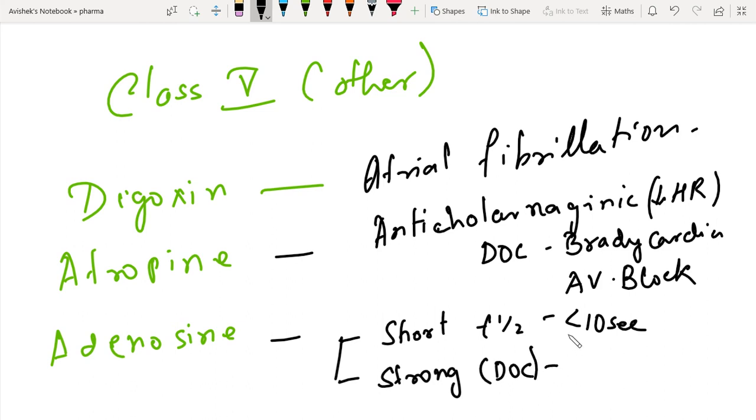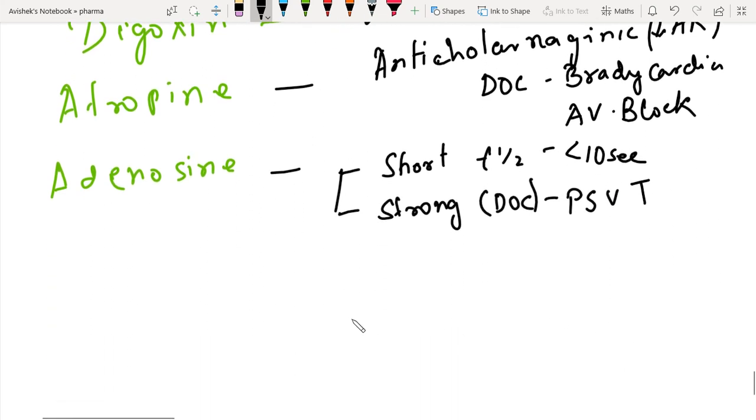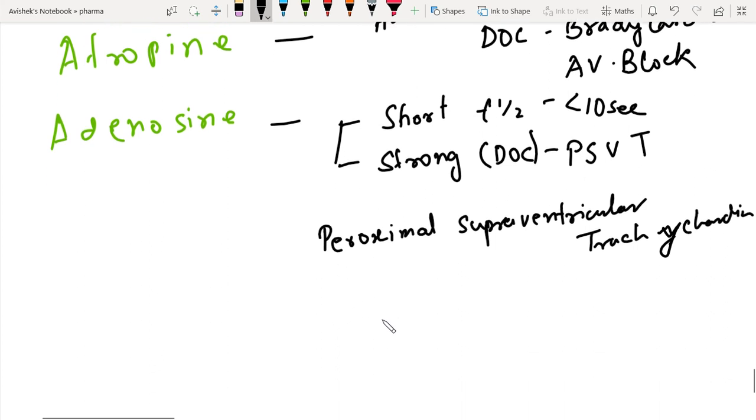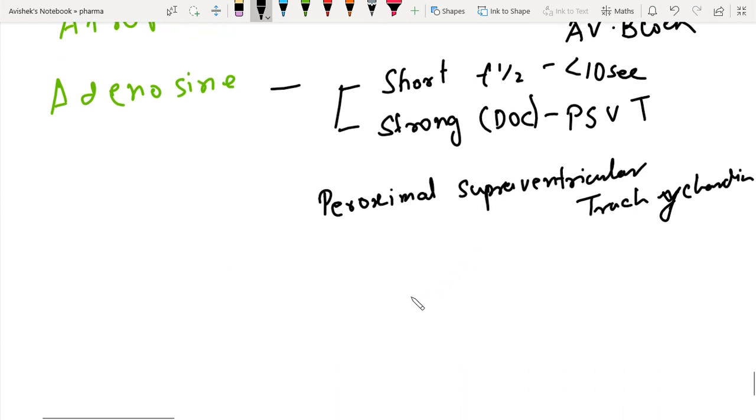That's why the drug of choice is paroxysmal supraventricular tachycardia. That's it.